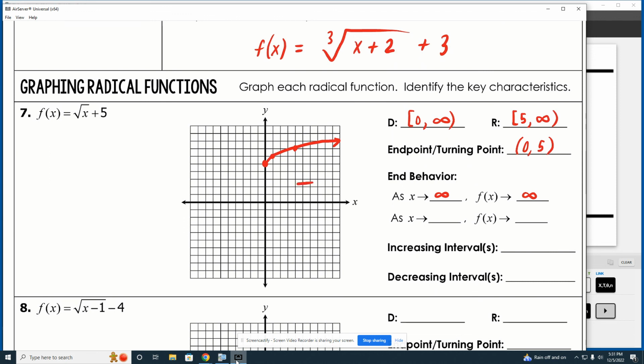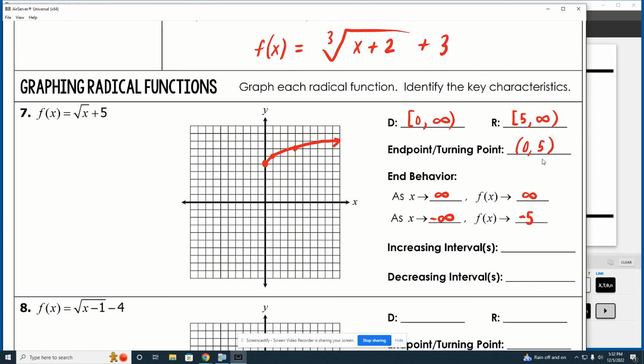As x approaches negative infinity, what is y approaching? Does y ever, as it goes off to the left, does y keep going down? No. Y approaches 5. Okay? It's always approaching that endpoint on y. And since my endpoint, look right here, look where my mouse is, since my endpoint is 0, 5, that's what tells me that it's approaching 5. I don't know why I put negative 5.